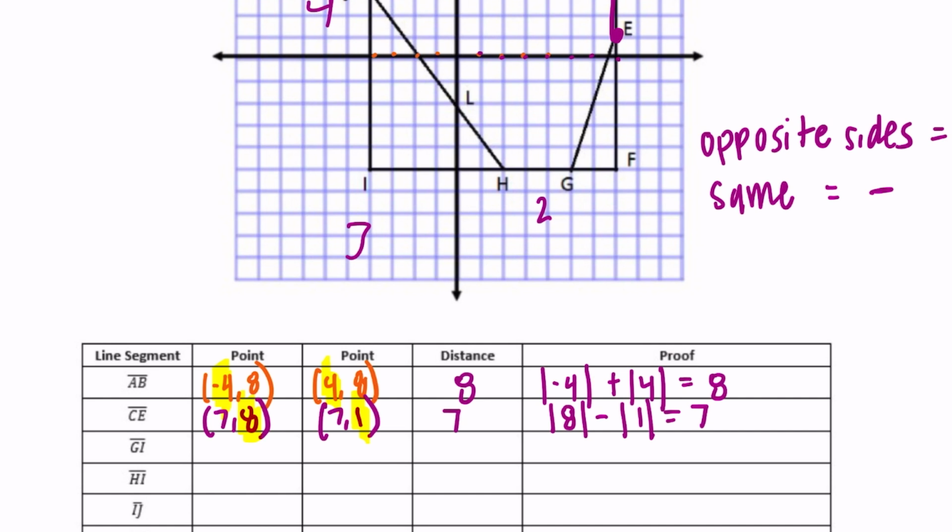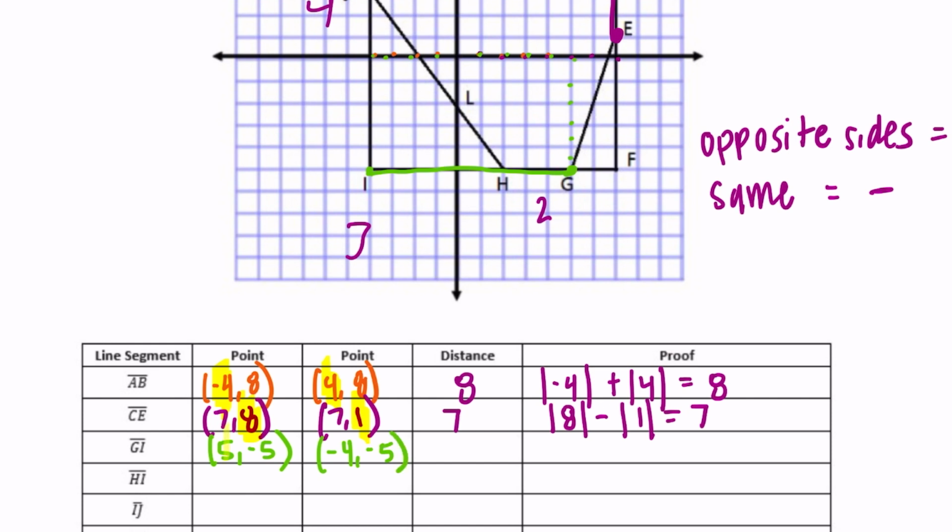GI. So here's G, here's I. So G is at 5, negative 5. And I is at negative 4, negative 5.